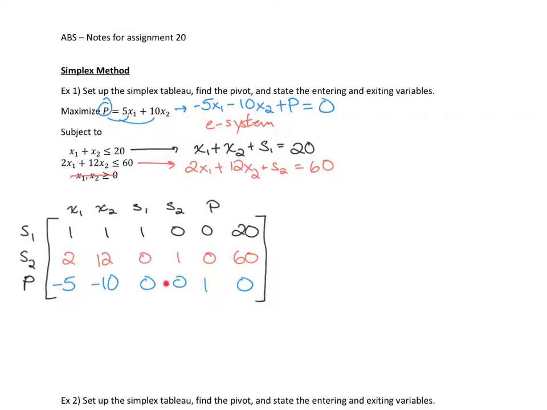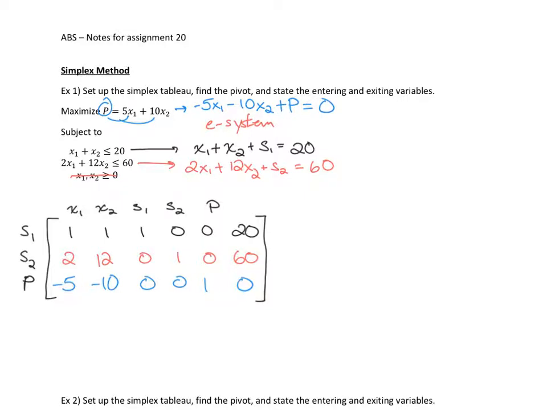You find the equation that has slack variable 1, and then you fill in all of the coefficients. There's 1x sub 1, 1x sub 2, 1s sub 1, no s sub 2's and no p's in this equation equals 20. Pretty easy. You can go through and do that with s sub 2. That's in this equation, so that'll go next. And then p only shows up in this equation up here, and that is last.